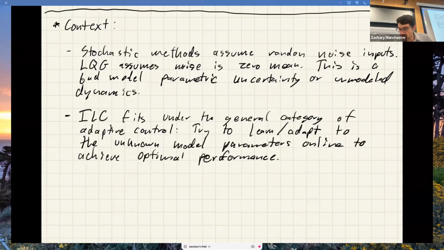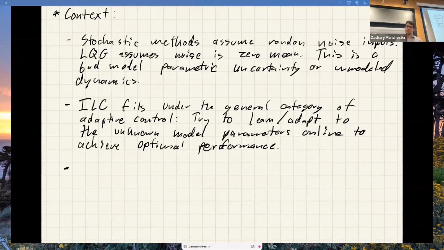Robust control, I would say, comes from a philosophically different place. It's not random noise, and it's not trying to adapt online like ILC or some other adaptive controller. It's not trying to figure out the bad model parameters online. Instead, it takes an uber conservative approach, where you try to bound the bad things offline.